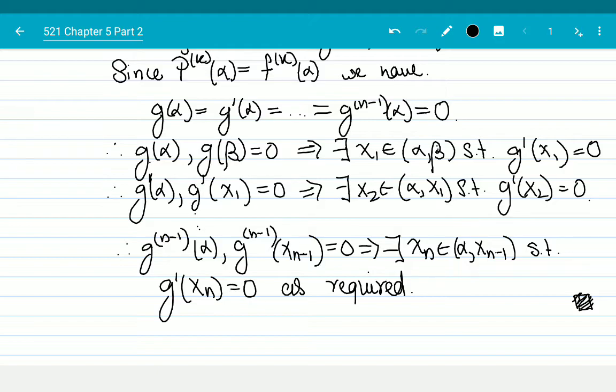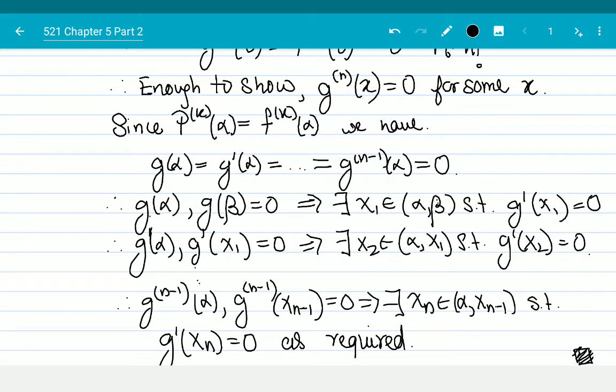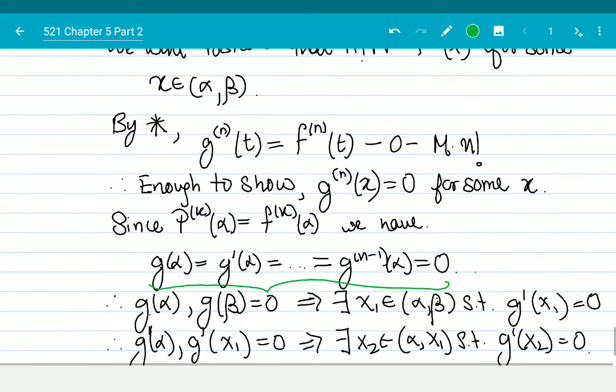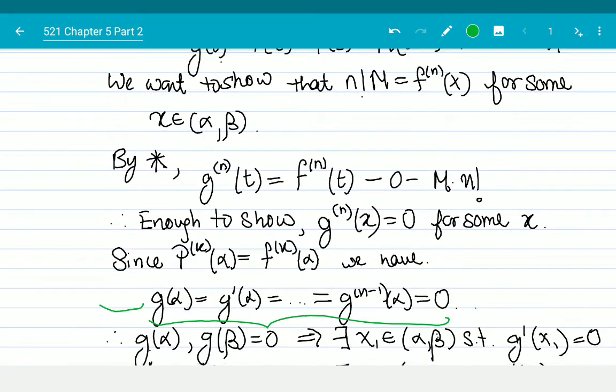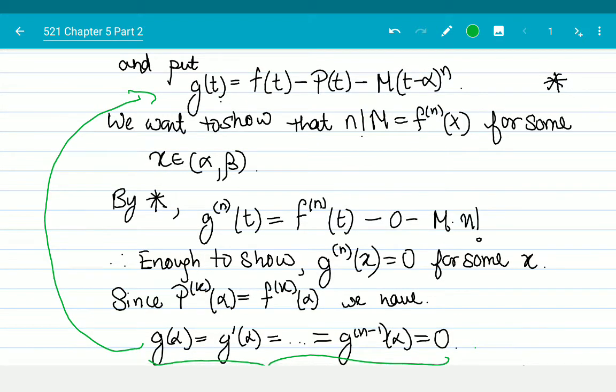If you're not 100% sure why this is equal to 0, this is simply because if you look back at here, P^(k)(alpha) is f^(k)(alpha), and everything until the nth derivative has a t minus alpha term.